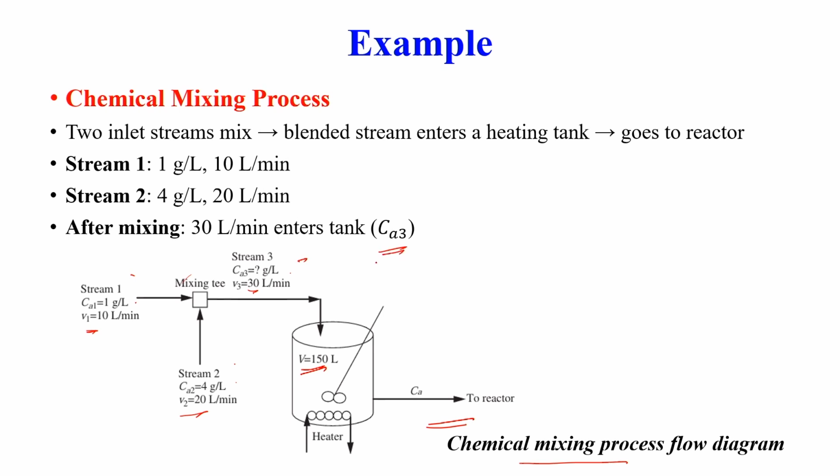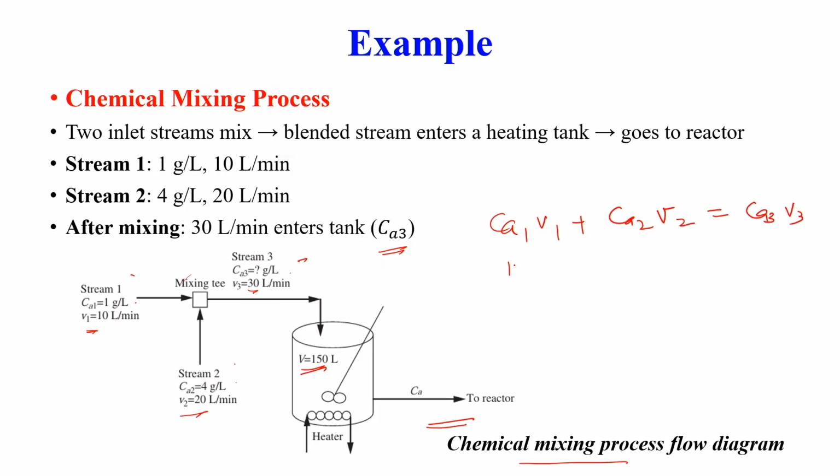After mixing, let us find the concentration going to this vessel. This will be Ca1 V1 plus Ca2 V2 equals Ca3 V3.